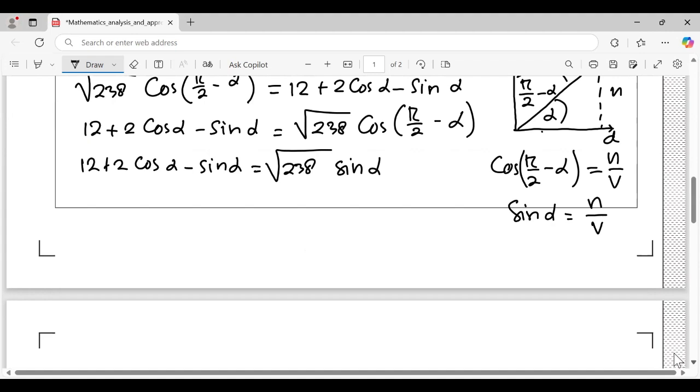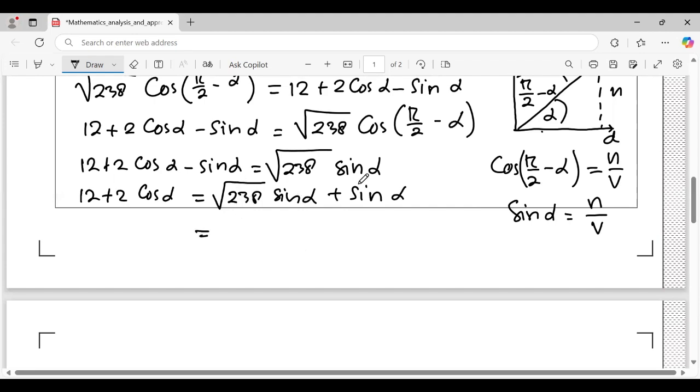And the next step, this term minus sine alpha moves to the right hand side, and it becomes 12 plus 2 cosine alpha equals square root 238 sine alpha plus 1 sine alpha.